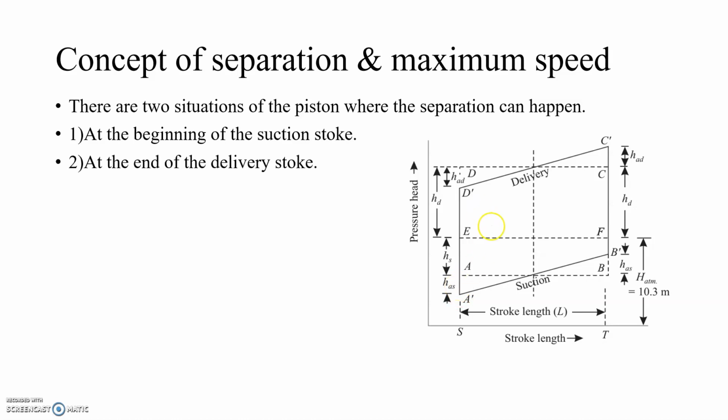And the second situation is at the end of delivery stroke, that is at D dash. In the figure, though this point D dash is above EF, that is the atmospheric pressure line, there are some instances in which D dash may shift below the atmospheric pressure line EF, and then separation can happen.